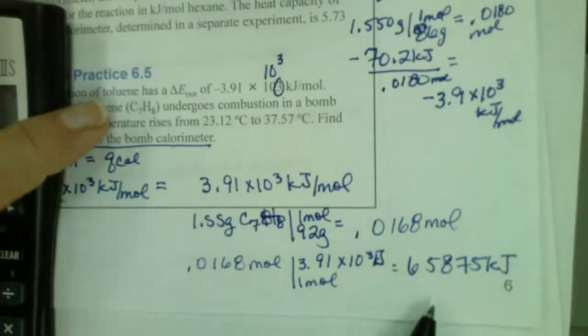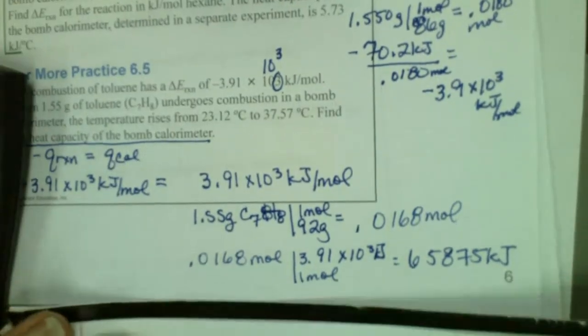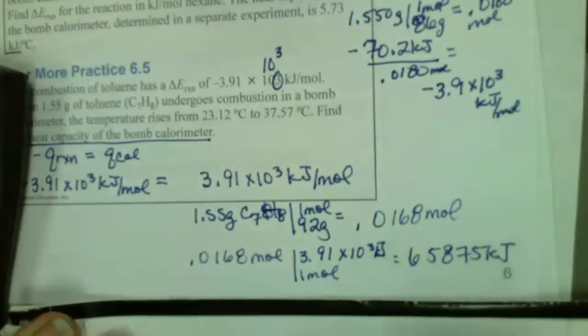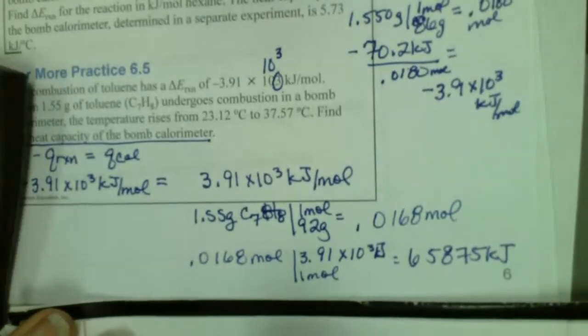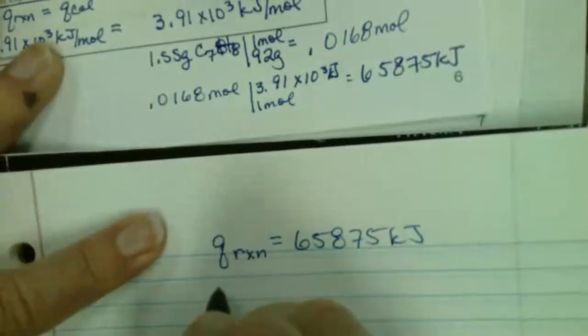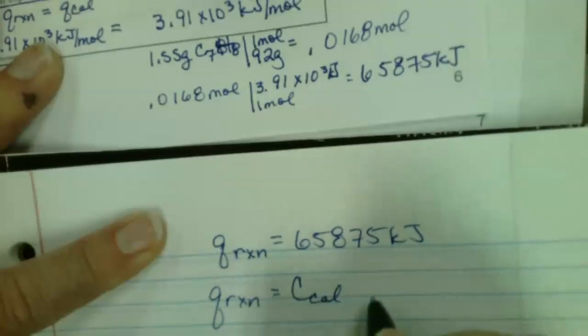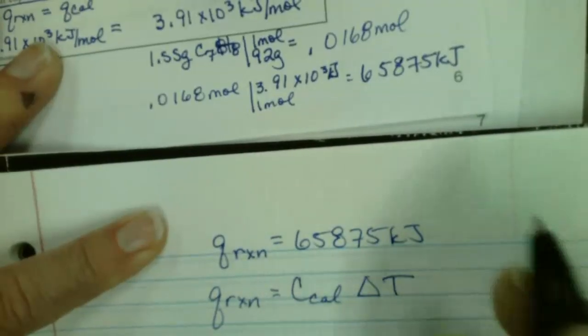So that's how many kilojoules we got from the reaction. Okay, so we know that the Q for the reaction is 65.875 kilojoules. Okay, well, Q of the reaction is equal to C of the calorimeter times delta T.